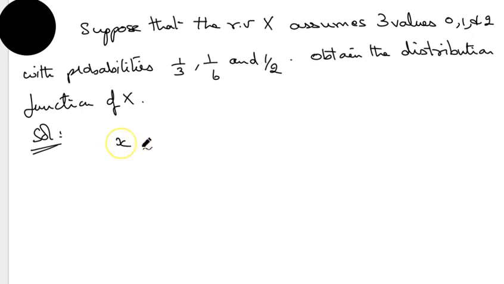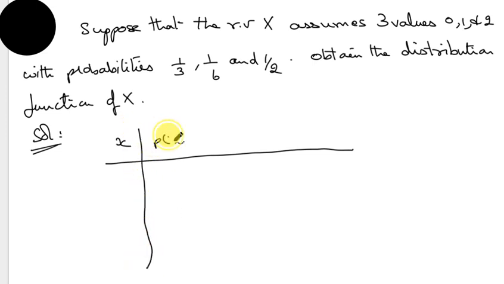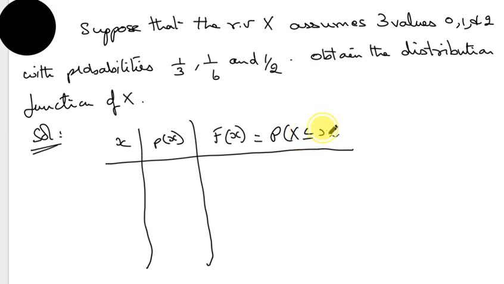So we can choose x. After x, we will have p of x. After that, we will have capital F of x, which is the probability of X less than or equal to x. So x takes the values 0, 1, 2, with corresponding probabilities 1 by 3, 1 by 6, half.